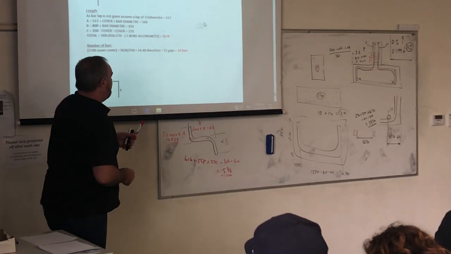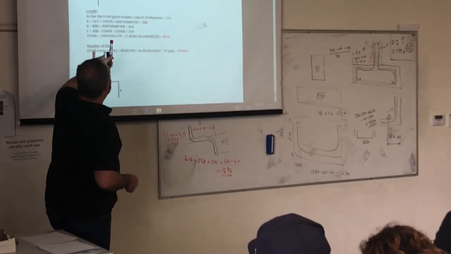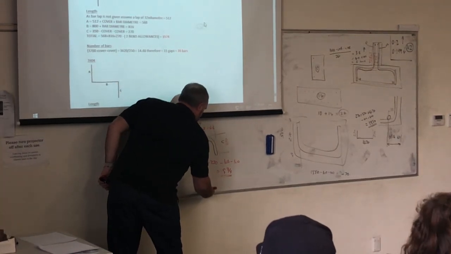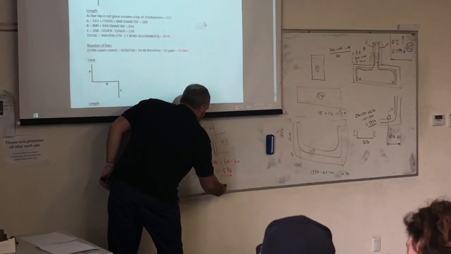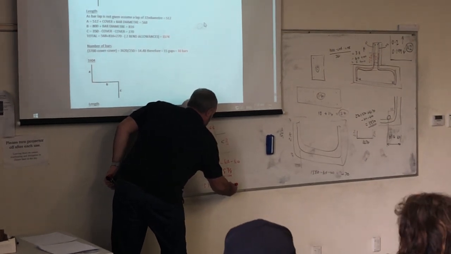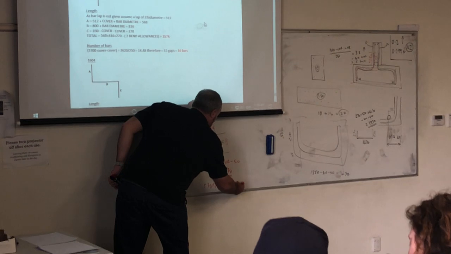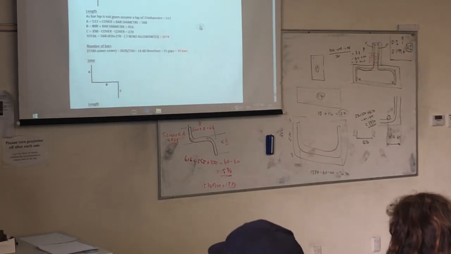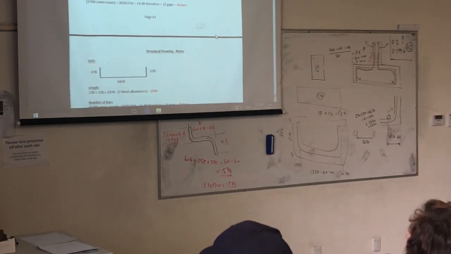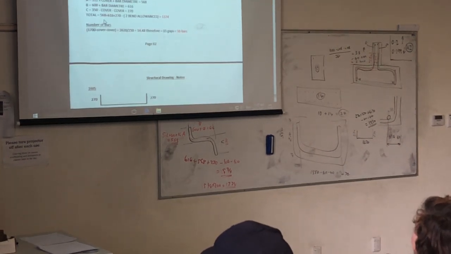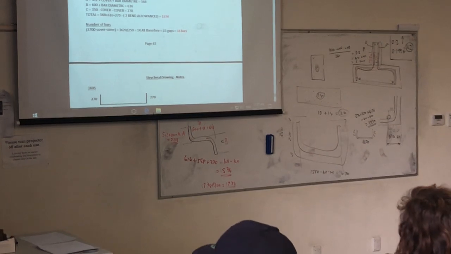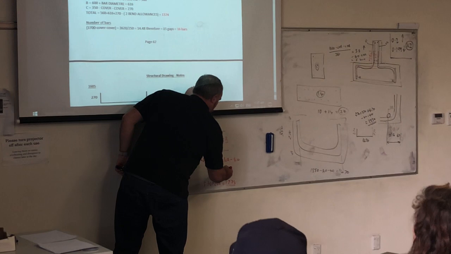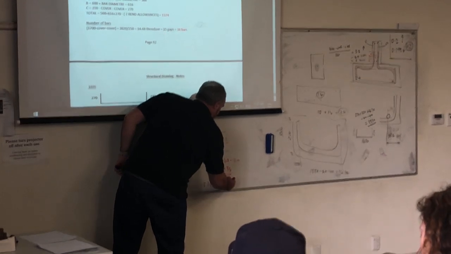So the answer for the 800 millimetre long one on the other side would be 1574 plus 200 equals 1774 for the other one. Better just check that my maths is correct. Sorry, that one was 1374, and this one is 1574.